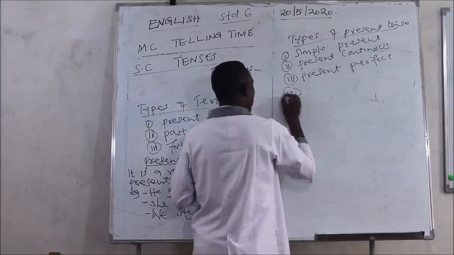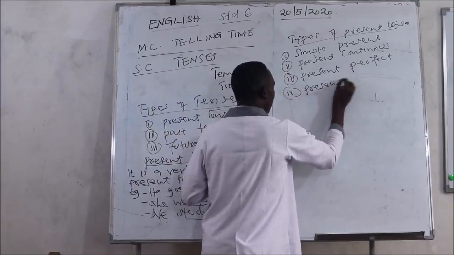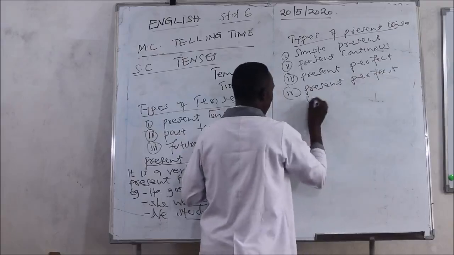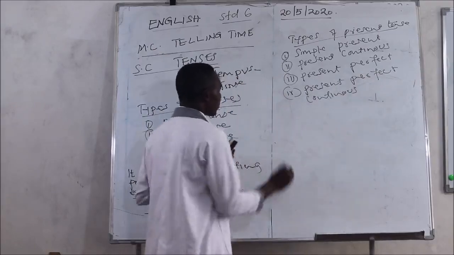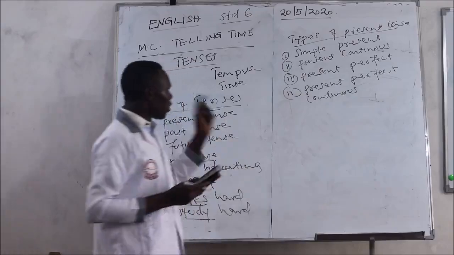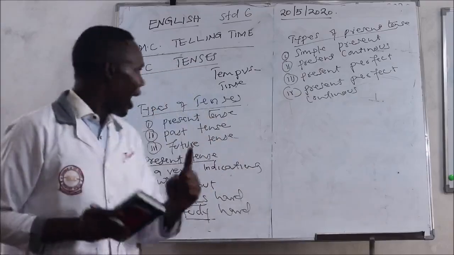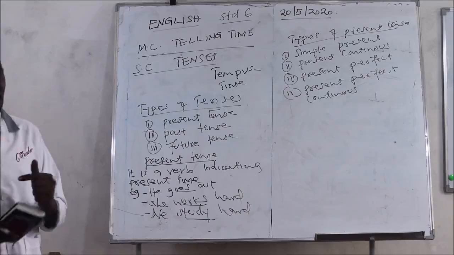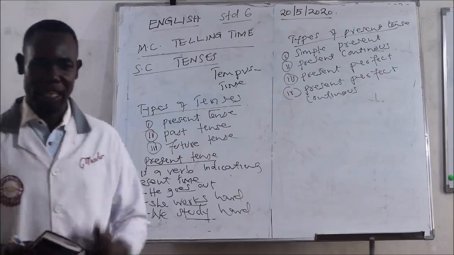Number 4, we have present perfect continuous. So these are the 4 types of present tense that we have in the study of English. We have simple present tense, present continuous tense, present perfect tense, and present perfect continuous.